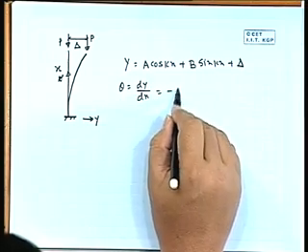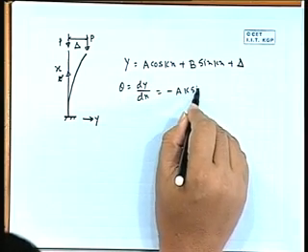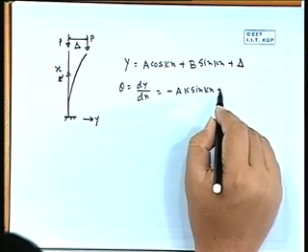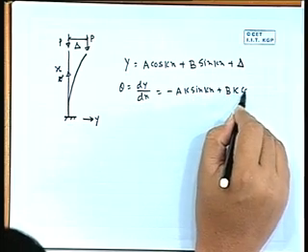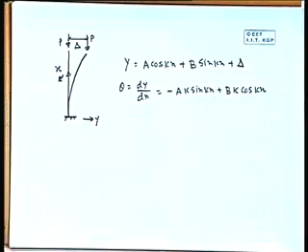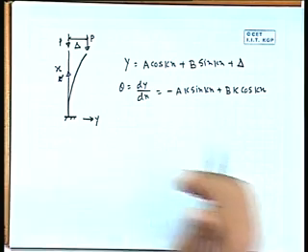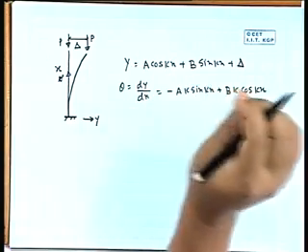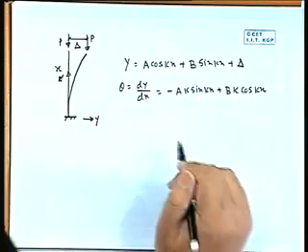So, it will be minus a k sin kx plus b k cos kx. Delta is a constant quantity, its derivative will be 0, but delta is not a known quantity, it is unknown. Delta may be any arbitrary value because we have given displacement.